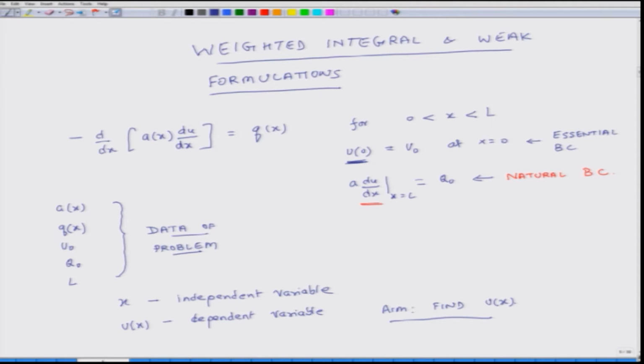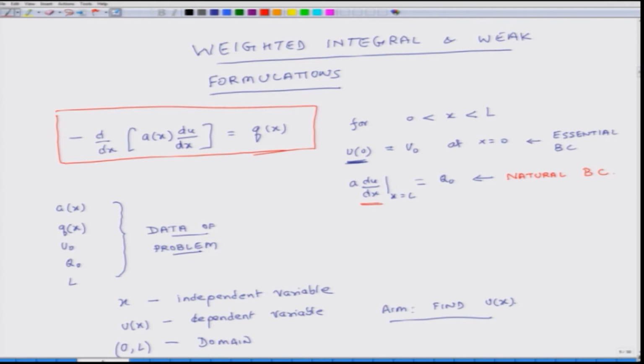And finally, 0 to L is the domain of the problem. That is the domain of the problem.